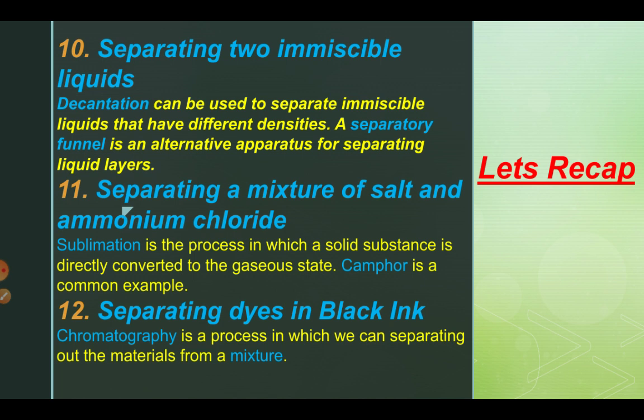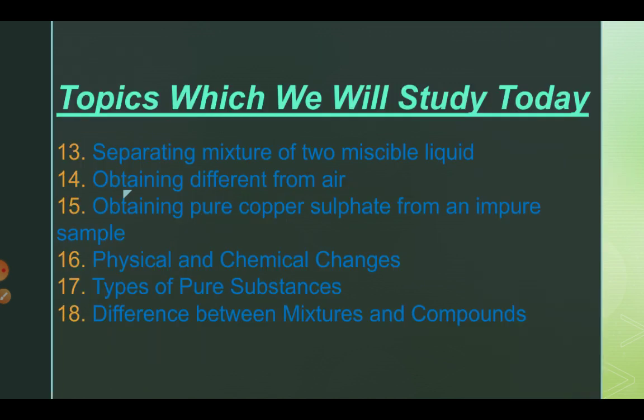Separating dyes in black ink. Chromatography is a process in which we can separate out the materials from a mixture. So let's continue with what topics we will study today.